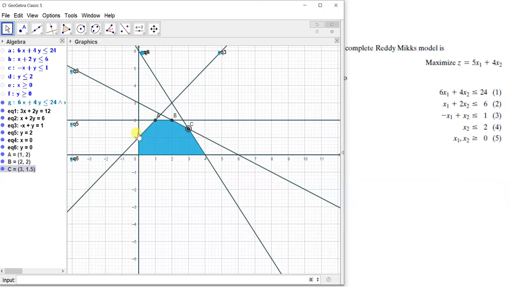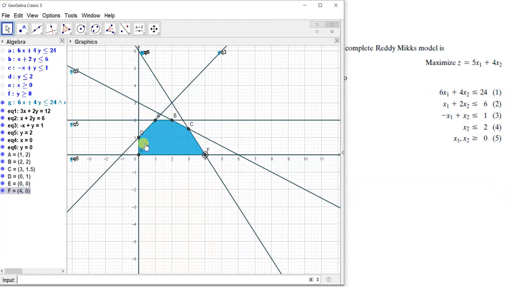So we have this point, and this point is equations 3 and 4. This one is equations 4 and 6, which is the origin. And equations 1 and 6.